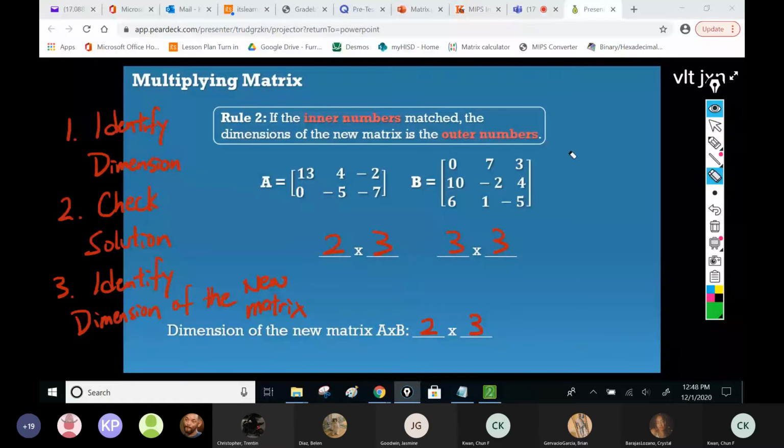Once again: identify the dimensions of the two matrices, check to see if there's a solution, and then figure out the dimension of the new matrix.